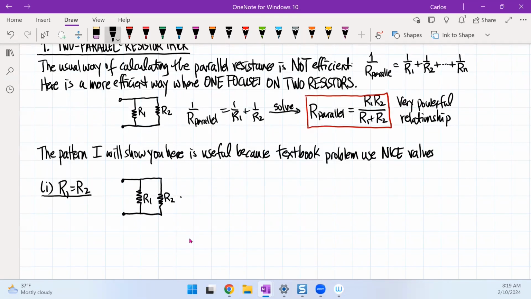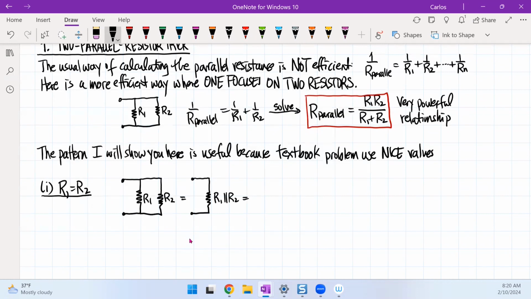So I'm going to redraw this and call this R1 parallel to R2.